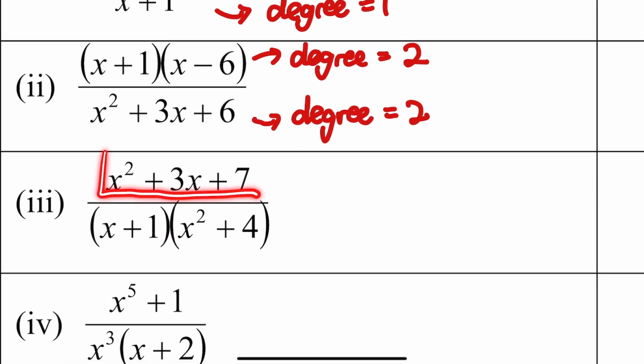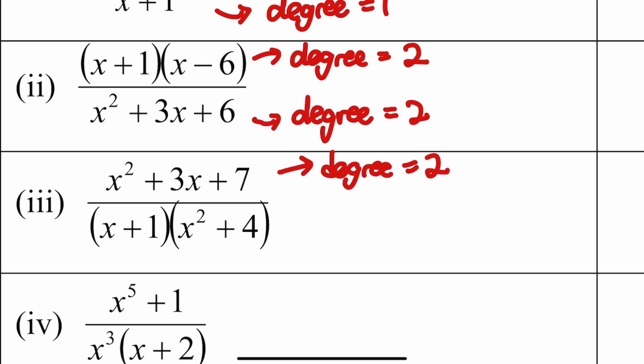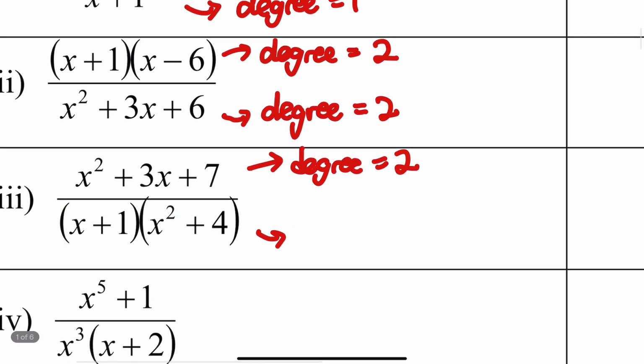I identify from my numerator that the degree is equal to 2. Whereas for the denominator, if I were to expand out, the highest power of x will be 3, x cubed. So the degree of my denominator in part 3 is equal to 3.